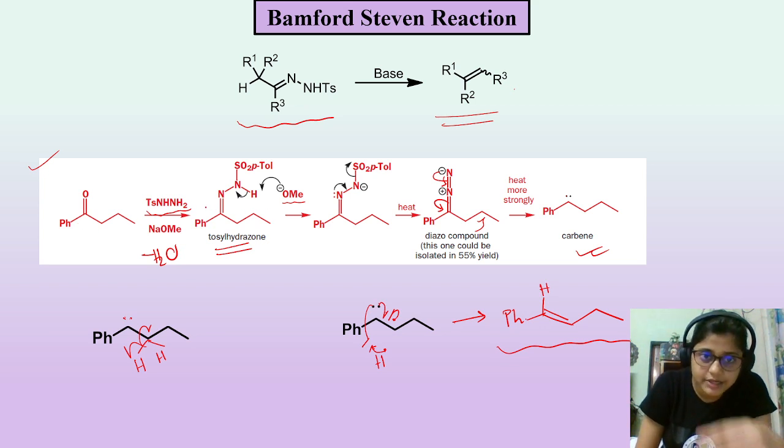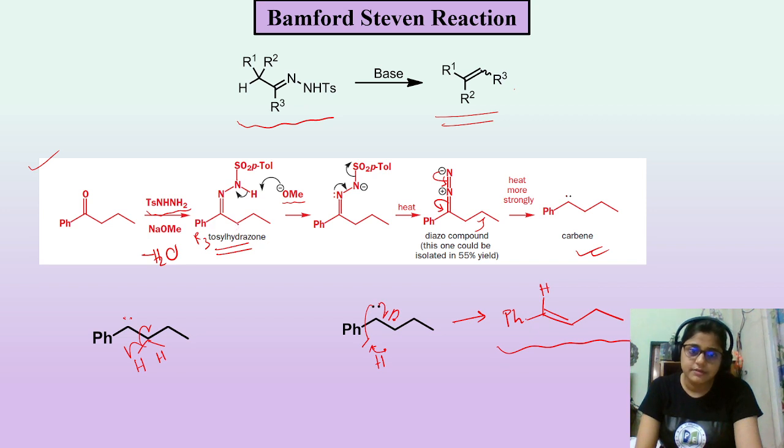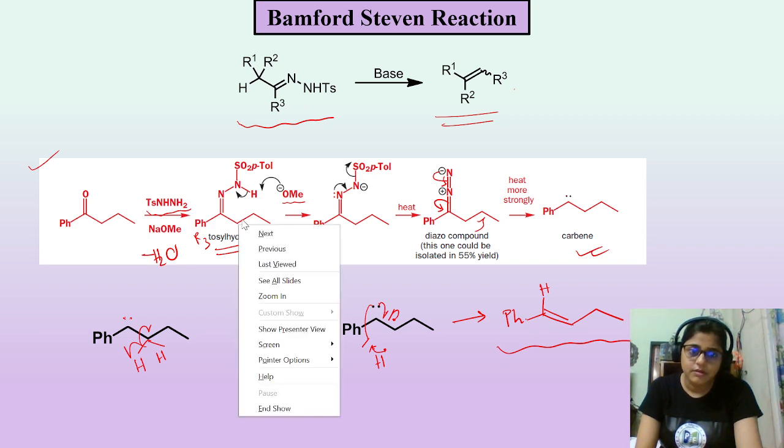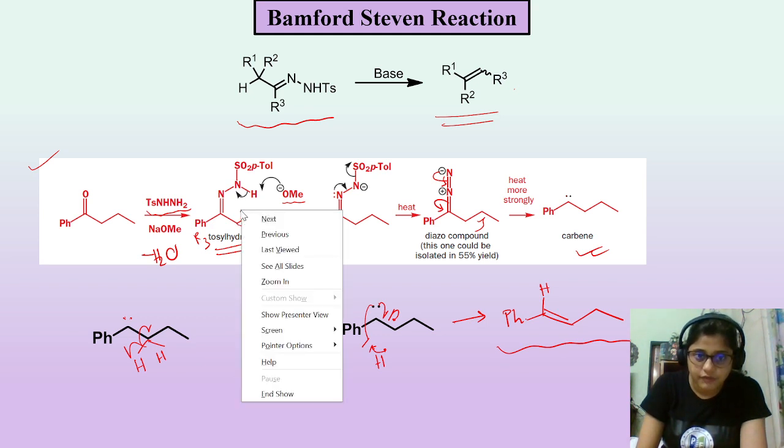So in the case of hydrogen, let's say this is R3, one hydrogen will be R2, and this is R1.